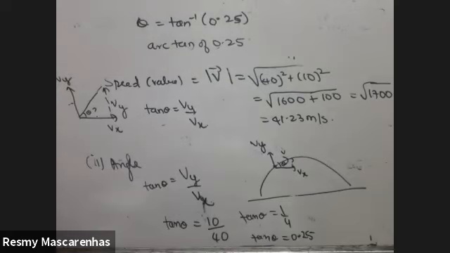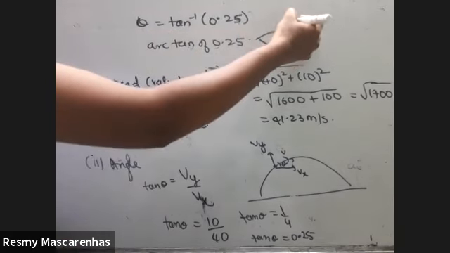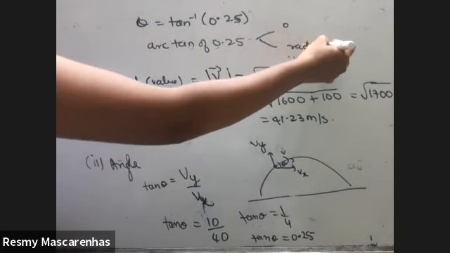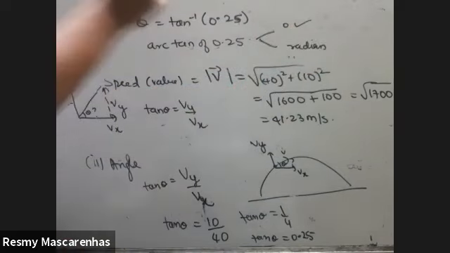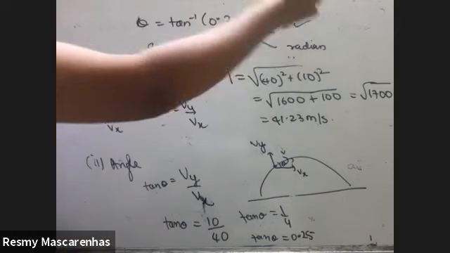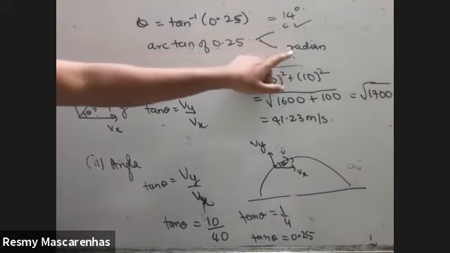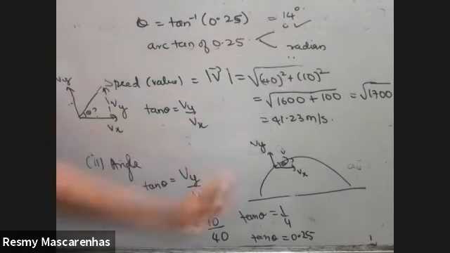That angle which you are telling me is in terms of radians. Whenever you type in the calculator, you'll have two options: one in terms of degrees, one in terms of radians. So tell the degree one. It is 14 point something, so it's 14 degrees. 0.0 something will always be in terms of radians.